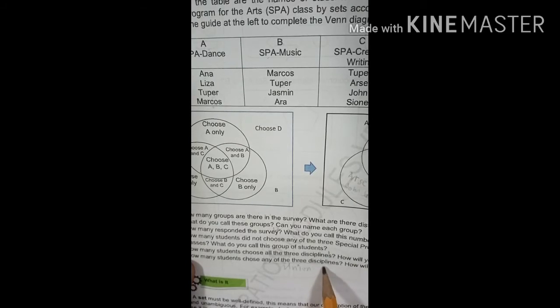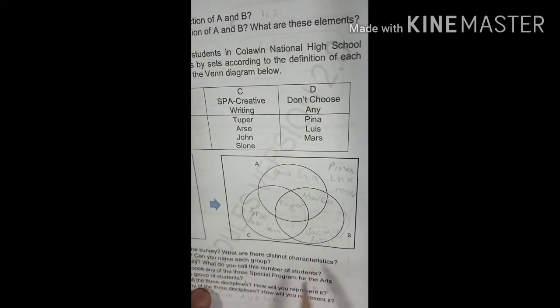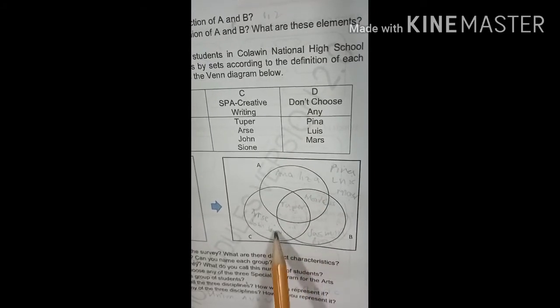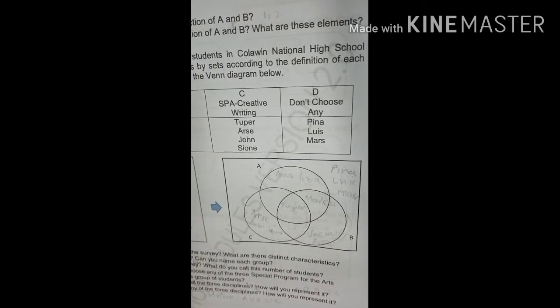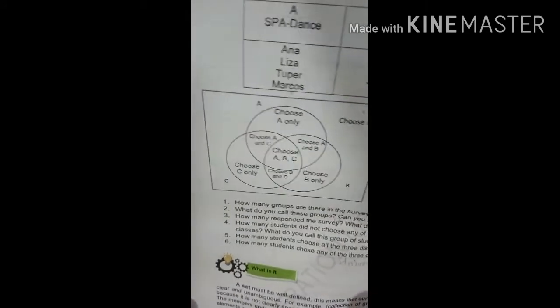So A union B union C. From the Venn diagram, you are to count out 1, 2, 3, 4, 5, 6, 7, 8, 9. So there are 9. To represent this one, this is A union B union C. So cardinality. When you are asked about how many, it refers to cardinality.